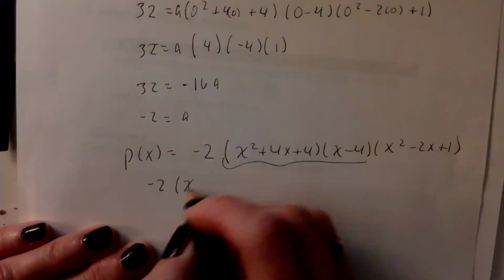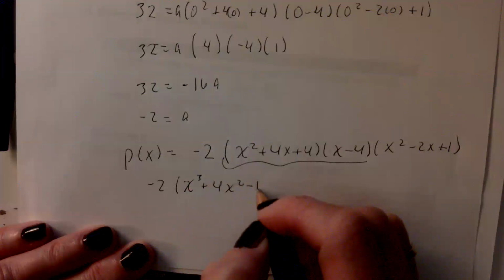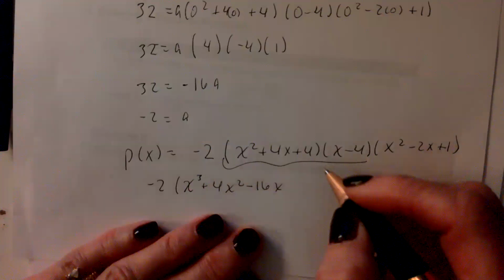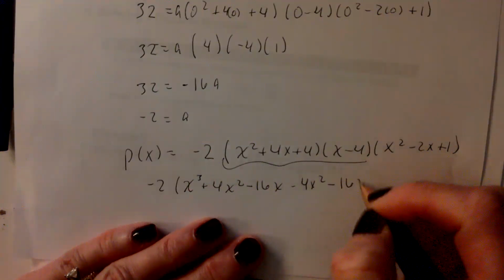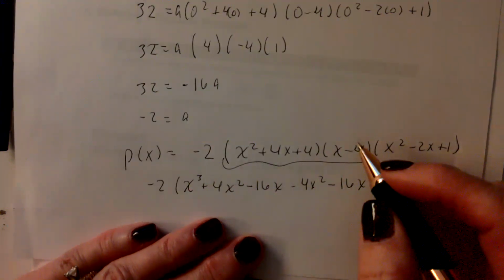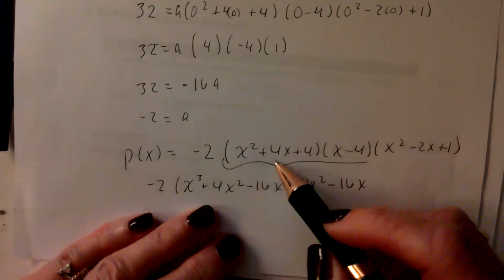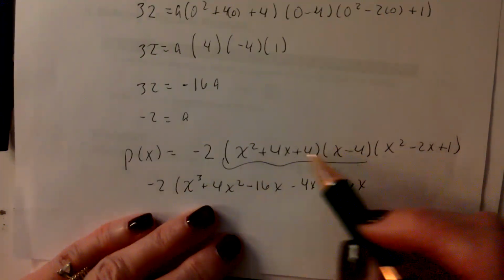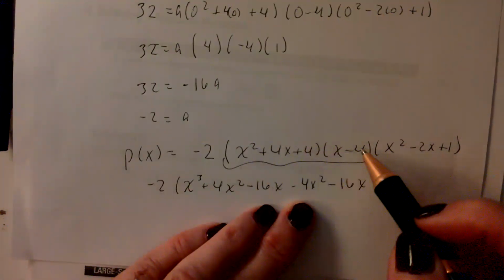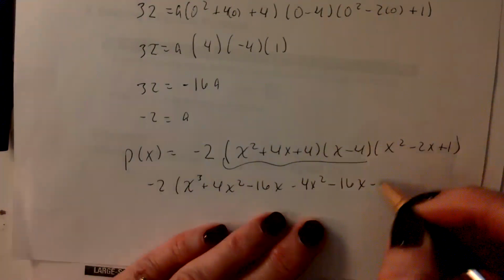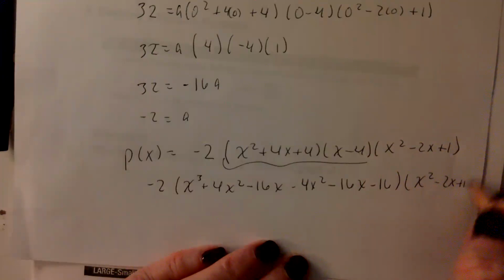So we have x cubed plus 4x squared minus 16x, and then minus 4x squared minus 16x minus 16, all times x squared minus 2x plus 1.